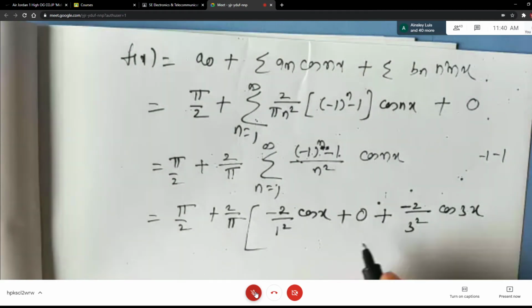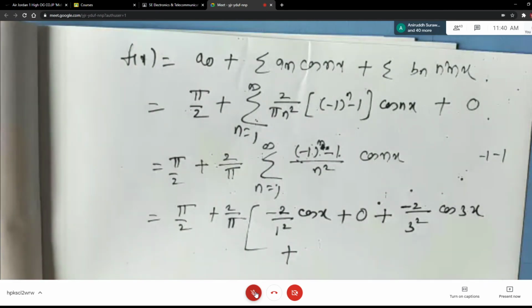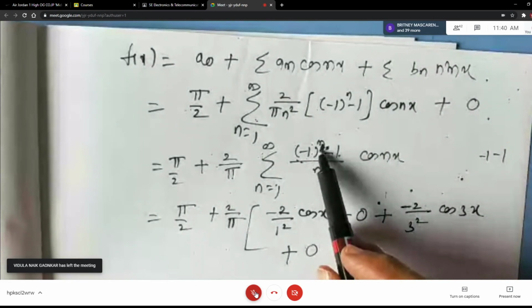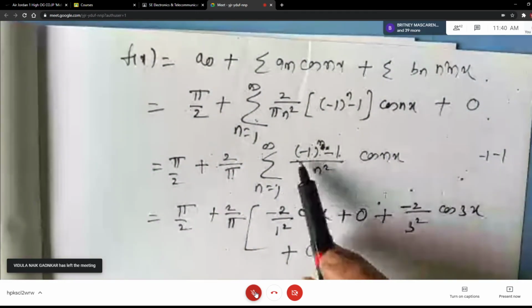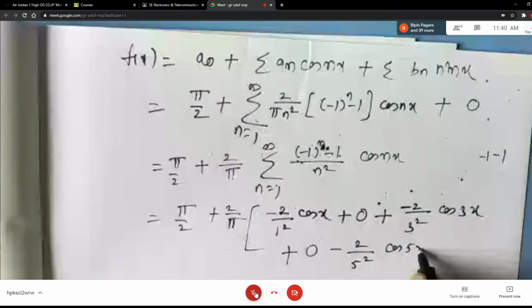Right? Then when you put n equal to 4, for any even number, it will vanish, see. Because negative raised to an even number is positive 1. And 1 minus 1 is 0, so this term is vanishing. Okay. Then when you put n equal to 5, it will be again minus 2 by 5 square cos of 5x and so on.